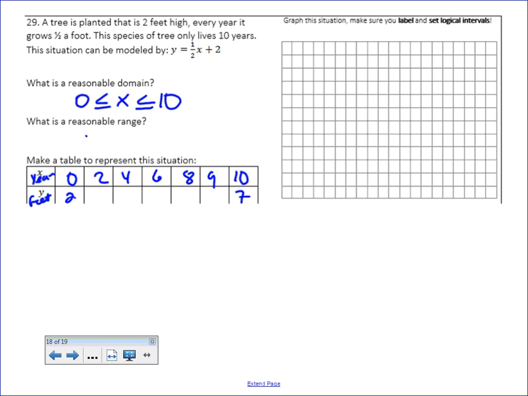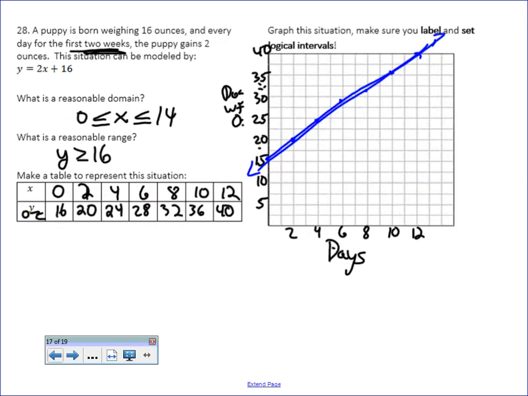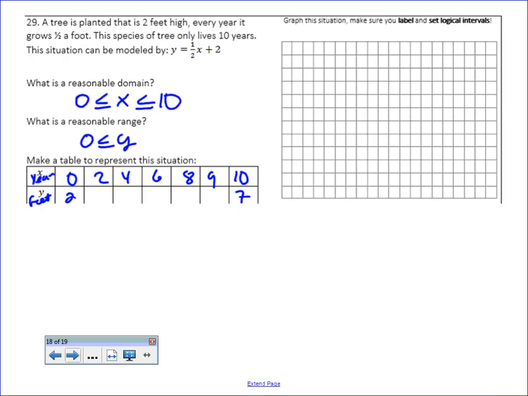And so our range should be values of y. Let me just check something. Between 2 feet and we would say 7 feet, but I'll go 8. Because, you know, sometimes some trees are going to grow a little bit bigger, but we get the idea there.